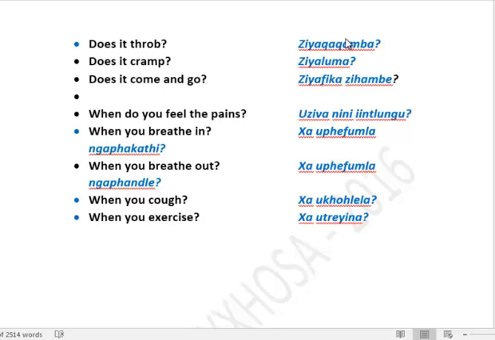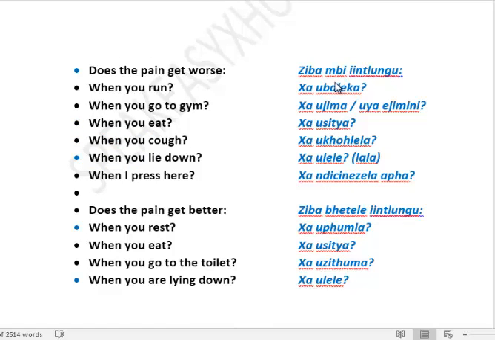So qaqamba, throb, luma, cramp, fika and hamba, come and go. Phefumla, breathe. Khohlela, cough. Trena, train or exercise. Ziba mbi inhlungu, mbi to get bad or worse. So ziba, do they become bi, worse, inhlungu?